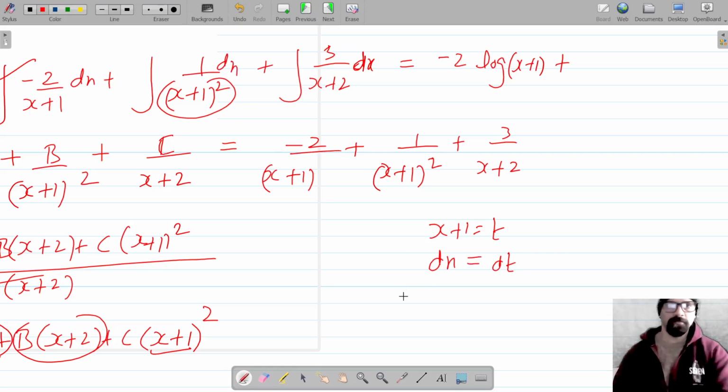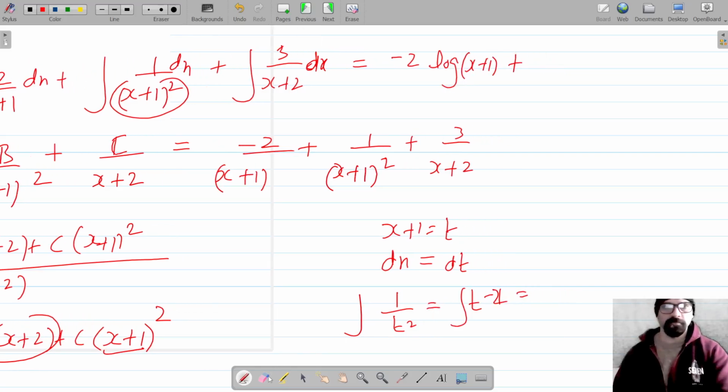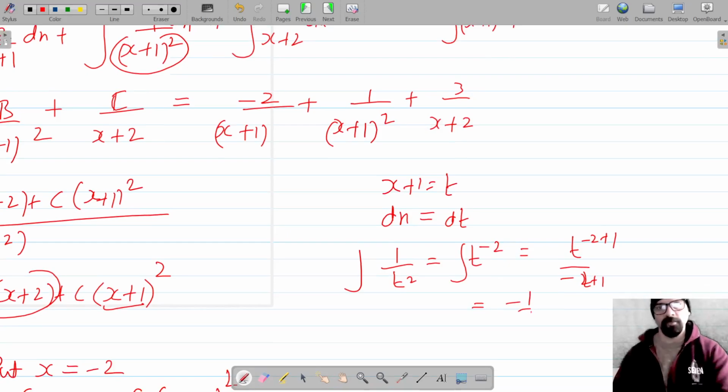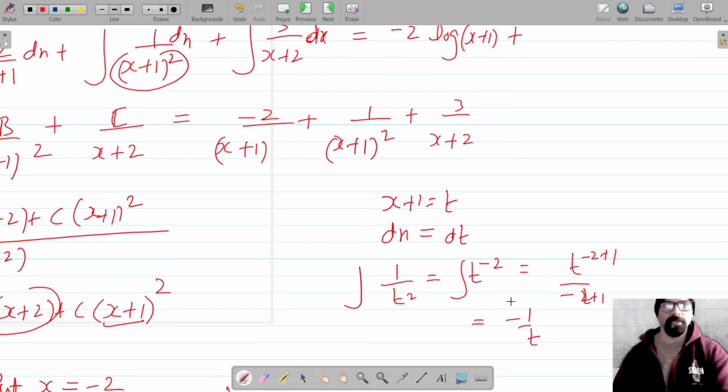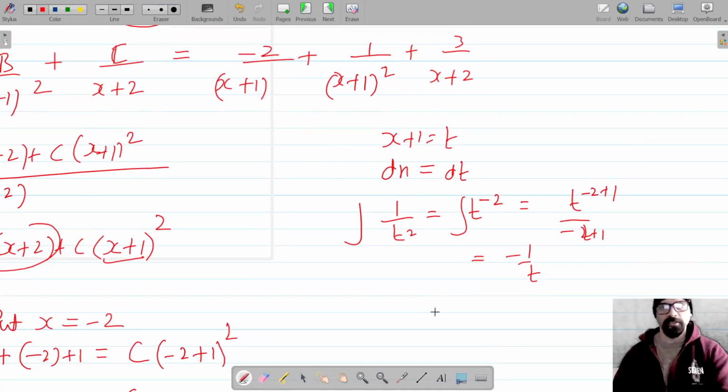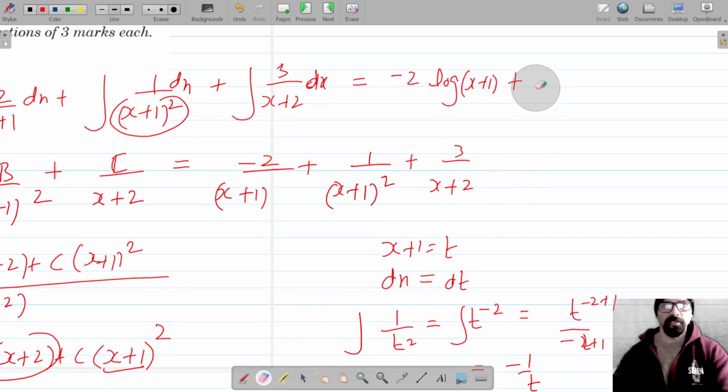So this becomes 1 by t², which is t raised to the power -2, and the integration of this is t raised to the power (-2 + 1) upon (-2 + 1), which is -1 by t. And t is x + 1, so this integration is negative of 1 upon (x + 1).